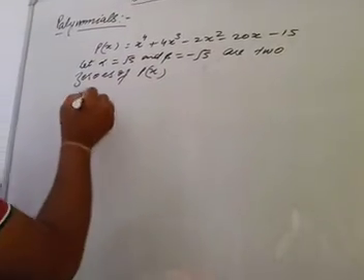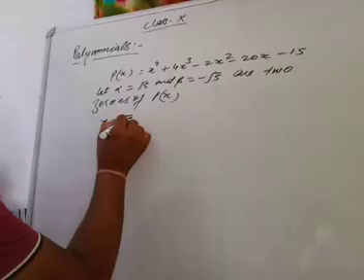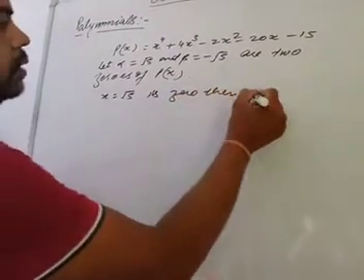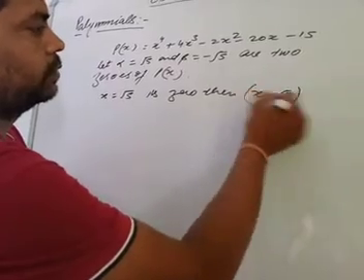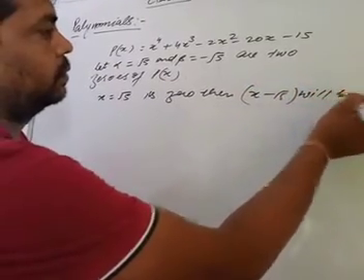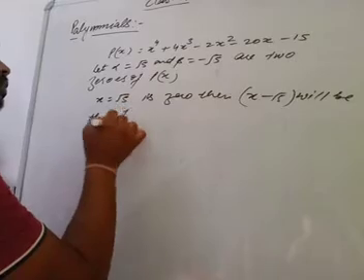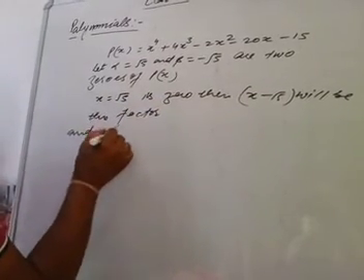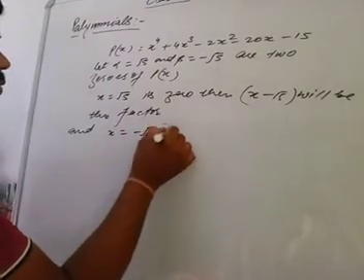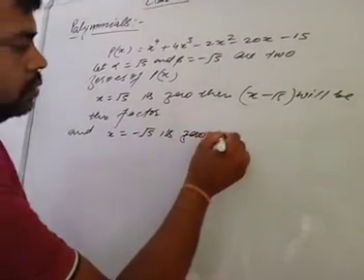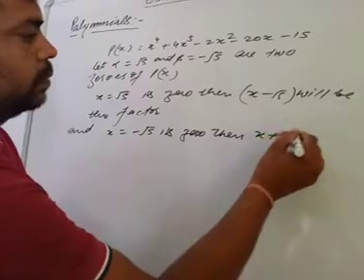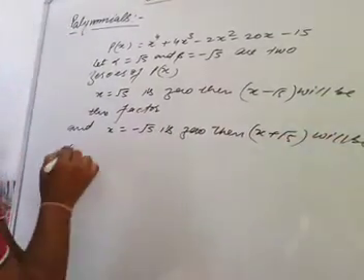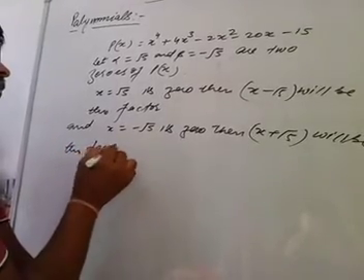Then x equal to root 5 gives 0, so x minus root 5 will be a factor. And x equal to minus root 5 gives 0, so x plus root 5 will be a factor.